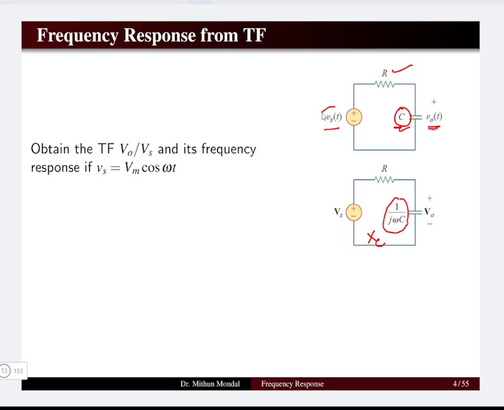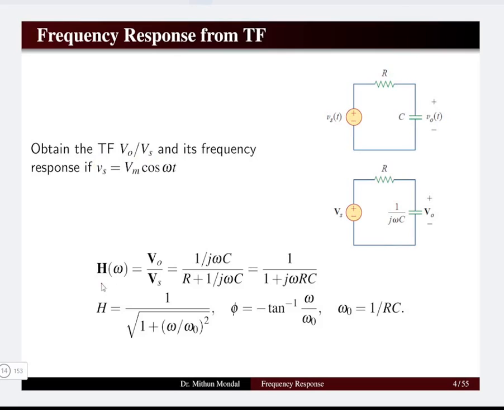Now, taking the Laplace transform of the input Vs of t, we get Vs, and the Laplace transform of the output, we get V0. We have to obtain the transfer function V0 by Vs and its frequency response with the given input signal in the time domain as Vs equal to Vm cos of omega t.